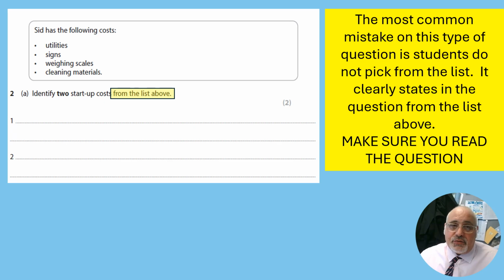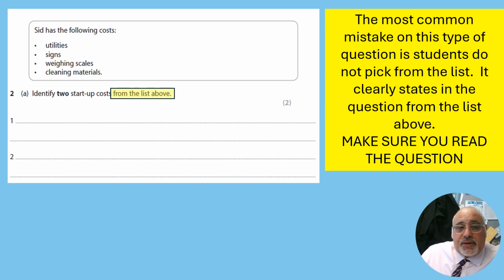The mistake that students make is they will give any 2 startup costs that are not from the list above. Now, where they may correctly identify 2 startup costs, because they're not from the list in the stem, which are the words in the box at the top of the question, means they will not get the marks.